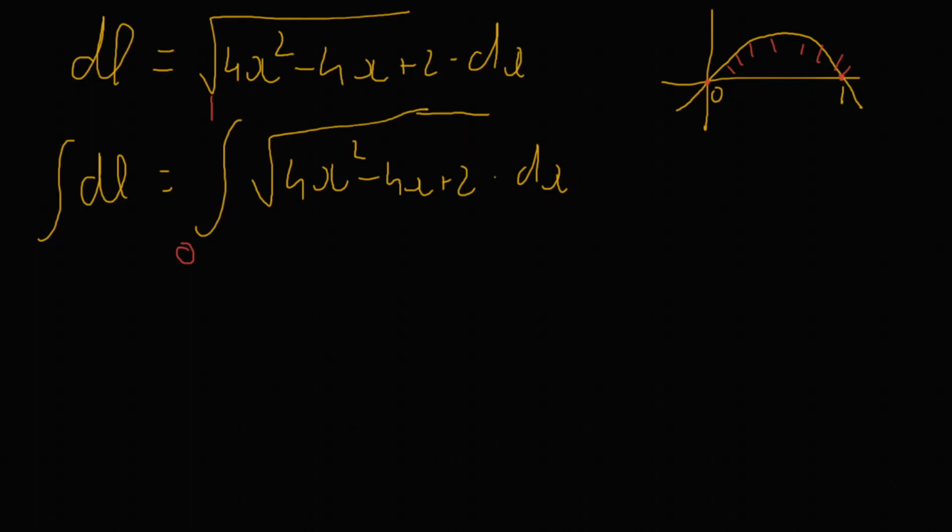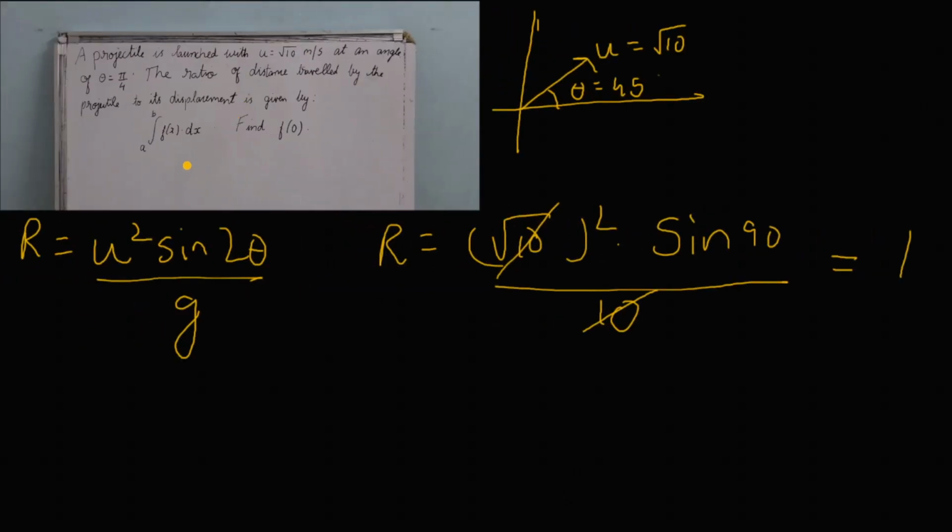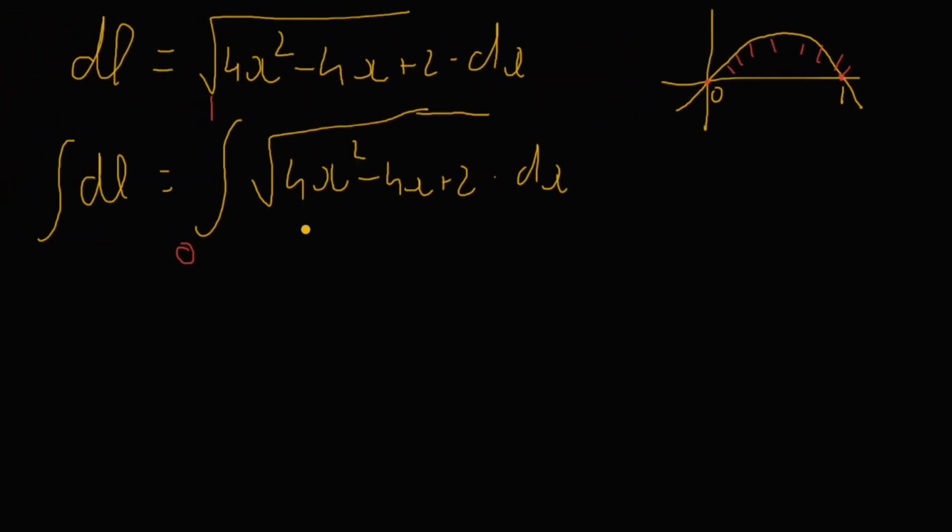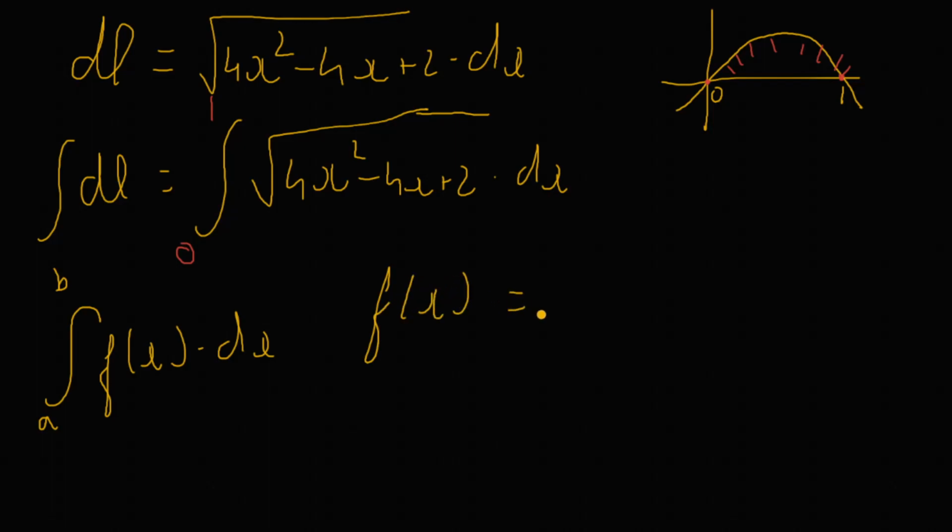Now we don't need to integrate this. Let us go back to our question. What does it ask us? It should be of this form. So distance equal to integration of some function. So now comparing with the format given in the question, integration f of x dx from a to b, we get that f of x is under root of 4x square minus 4x plus 2.